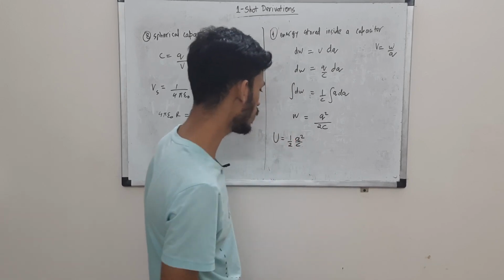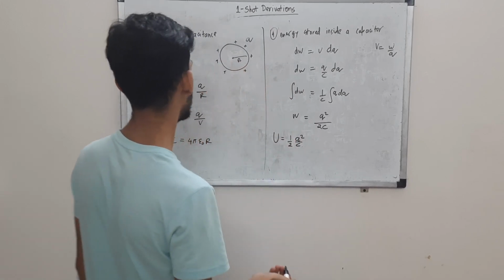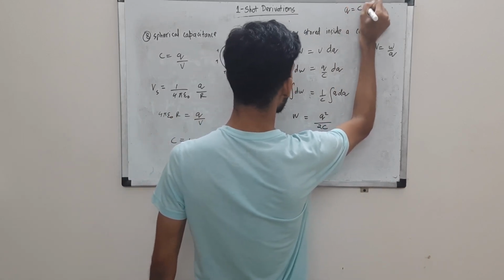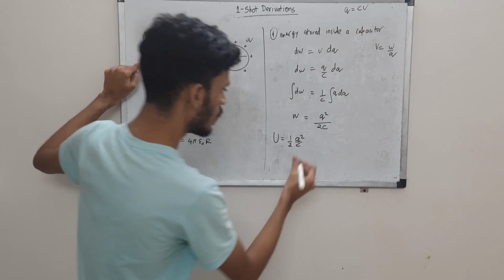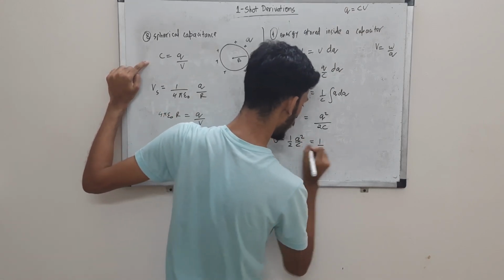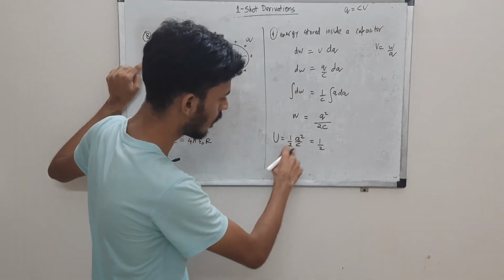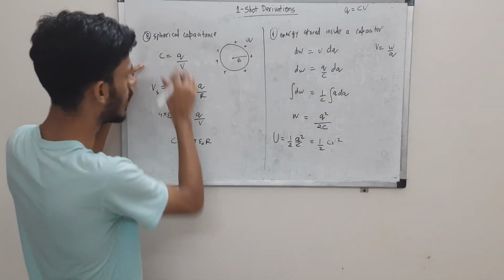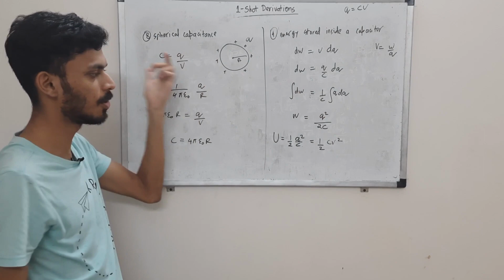You can write it in other forms as well, since q can be replaced by C into V. Q is CV, so in place of q we write CV, so C square V square over C; one C will cancel, so we get half CV square. You are just using this relation to manipulate.